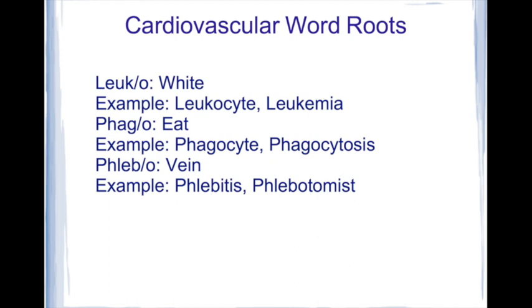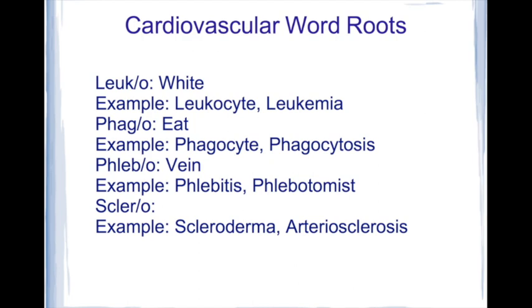Okay, phlebitis is inflammation of a vein. So here's another example. Phlebo is also the same as veno. Two different words, both mean the same thing. Okay, so phlebitis is inflammation of a vein, usually caused by either trauma or lack of movement of the vein.